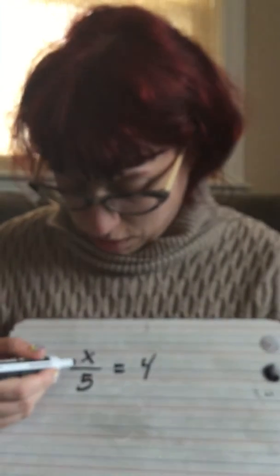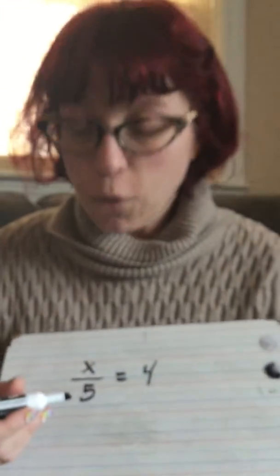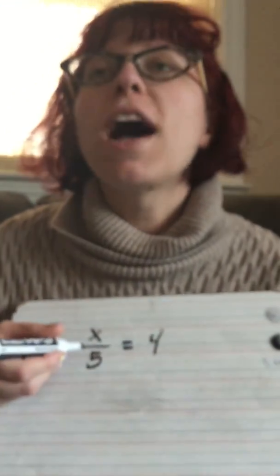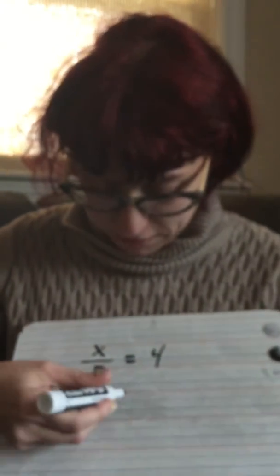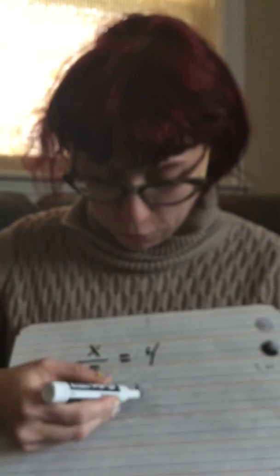Now, what happens if the problem looks like this? x over 5 equals 4. Well, over 5 is basically the same as saying divided by. So if we want to do the opposite of that, x would equal 4 times 5.